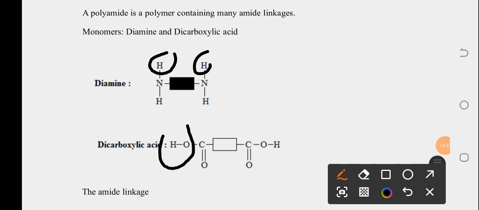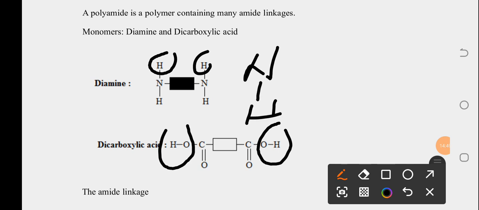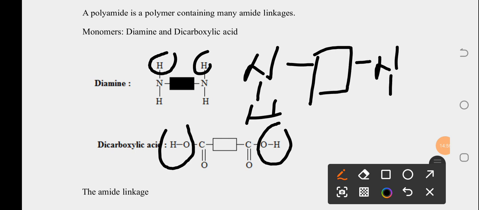Then here we remove OH. So if we remove H, we are going to remain with NH, NH. As you can see, we have removed these 2 H.